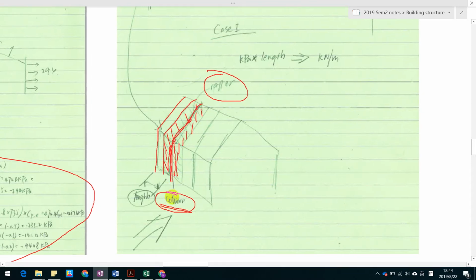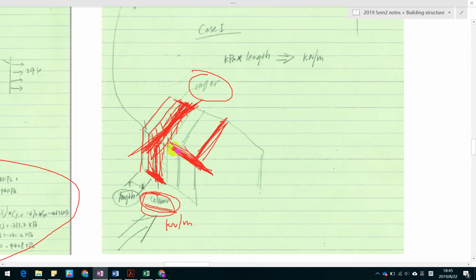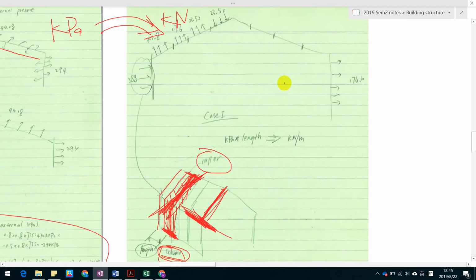So that's why if we calculate the UDL for the column, we're talking about kilonewton per meter, and we multiply by this length. We're dealing with the rafter, which is generally the same thing. The rafter is here. Sorry, it's here. It's the roof. This is the rafter. So we're going to multiply the length in this area, in this direction. That's it.